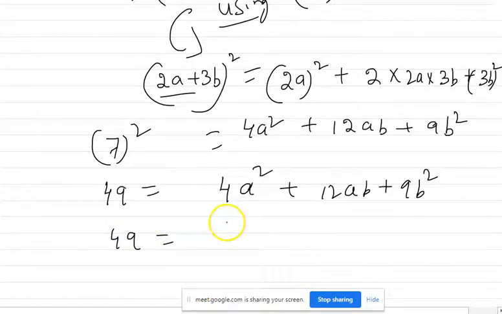Are you getting, 4a square plus 12. What is the value of ab?